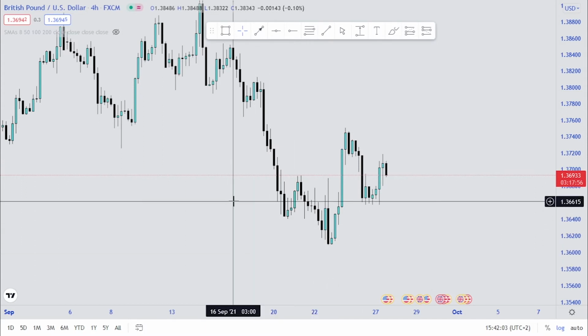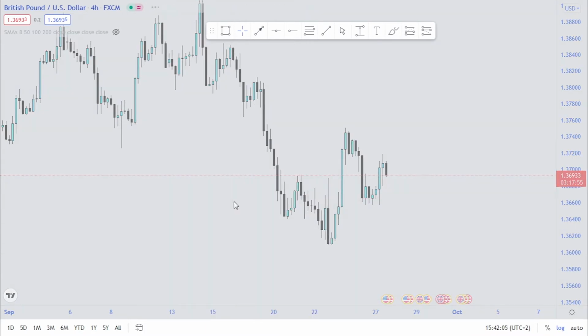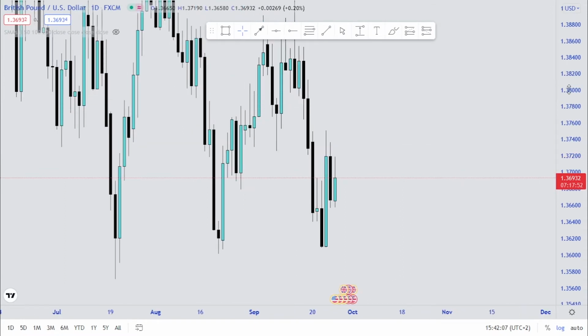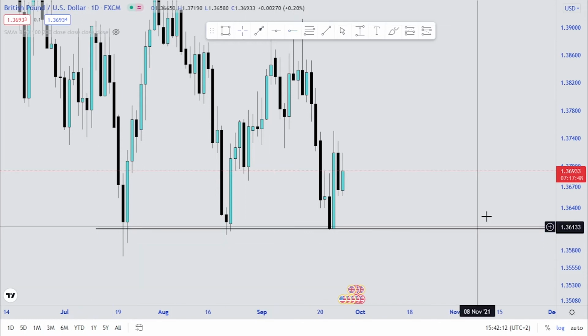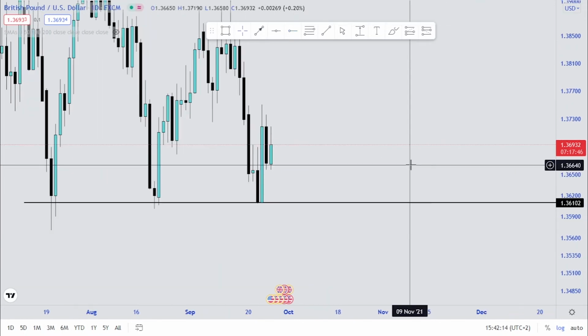So as you guys can see on my daily time frame, price did form a beautiful double bottom in this region of 1.36102.